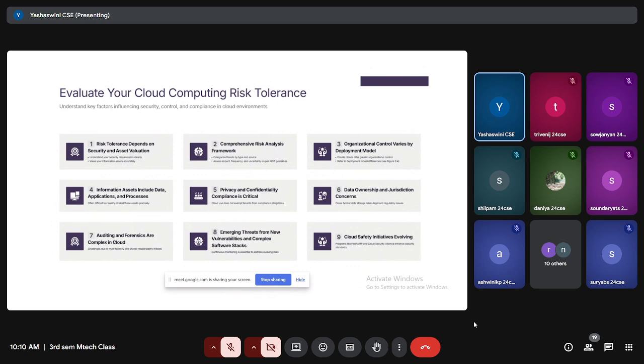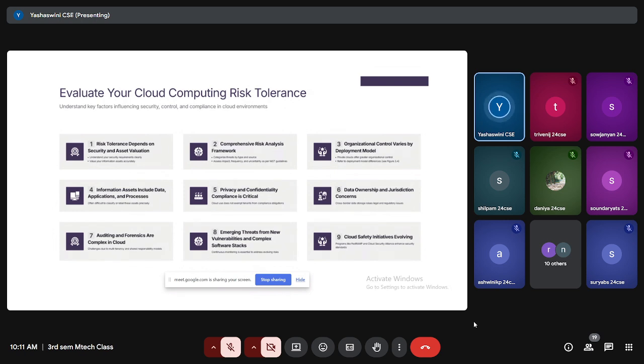Next, what are the potential emerging threats that are not discovered? So that also you have to do a contract and find out what are the evolving risks that are there, and how you will tackle them by continuously monitoring the software stacks that are there in the cloud services.